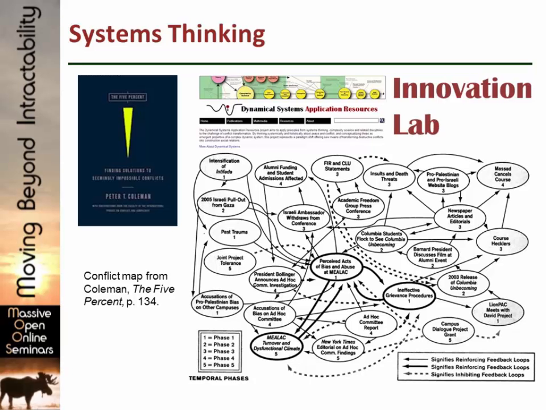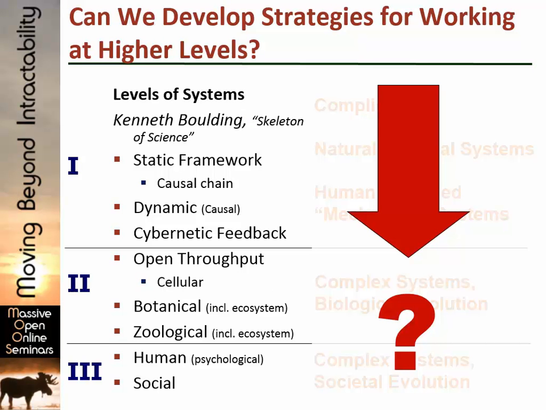And that's vastly more sophisticated than a lot of the simpler, static kinds of ways in which people have thought about conflict. So this takes us up, at least in terms of the way we think about conflict, to the end of level 1.